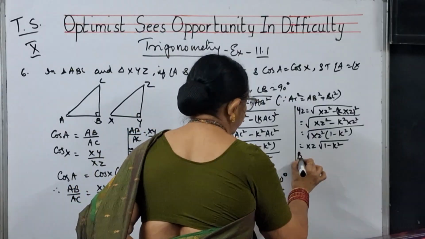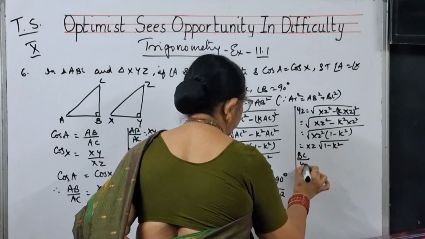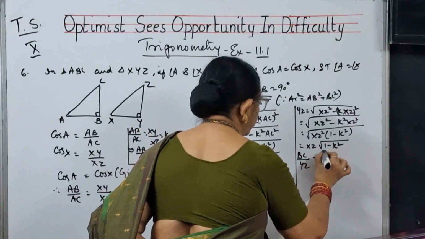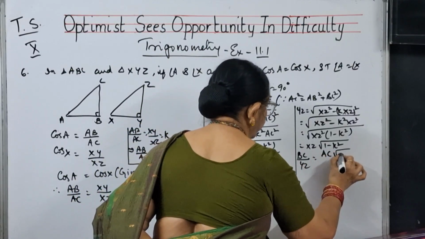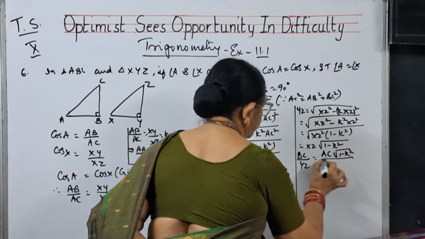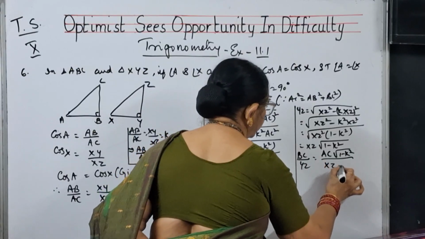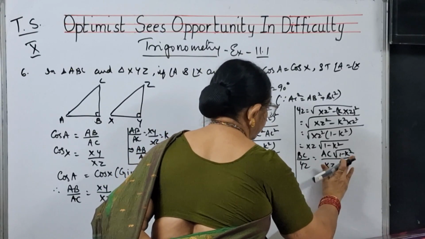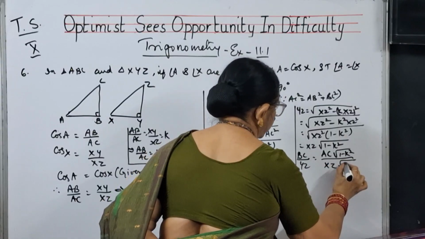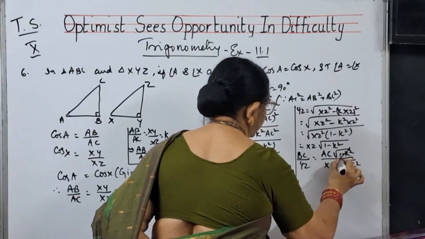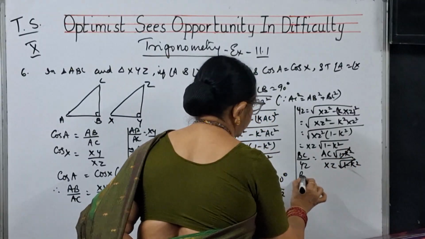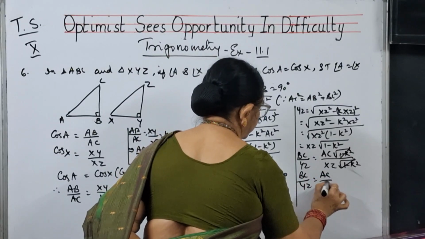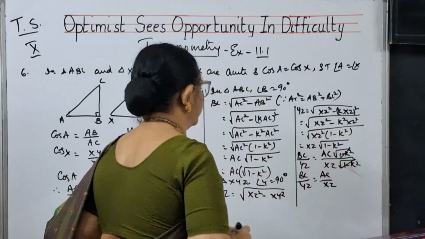So let us write what is BC by YZ. BC by YZ. BC is nothing but AC root 1 minus K square by XZ root 1 minus K square. So this and this will get cancelled. So BC by YZ is equal to AC by XZ.